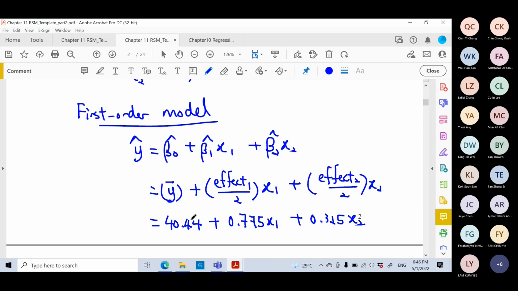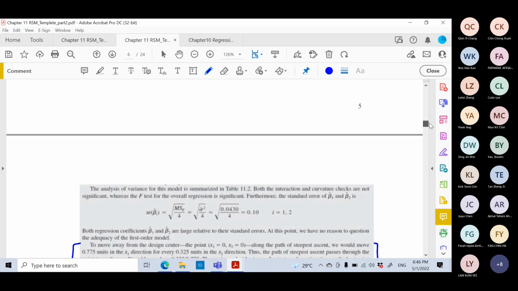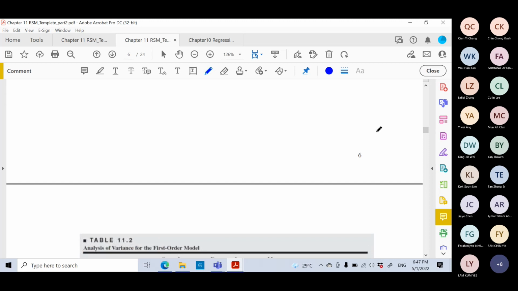Because of the model here, the important things will be the size along x1 and the size along x2 here. So to move the points, we want to start with the starting point here. Therefore, we need this one.